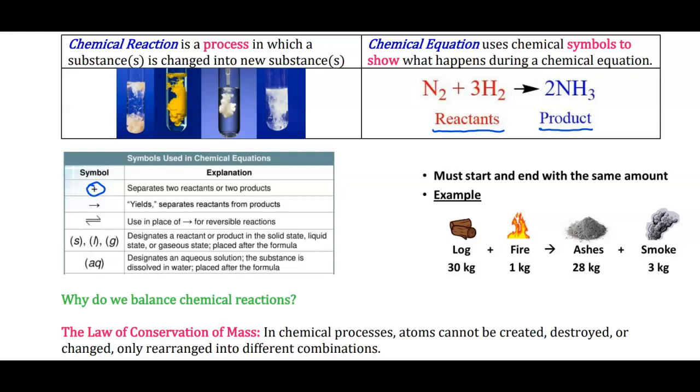Or, for example, in this reaction, HNO3 gives us NO2 plus oxygen plus water, right? 4 goes here, 4 goes here, 2, I think we balance. Yeah, it is balanced. And you can see only one reactant in this reaction, right?